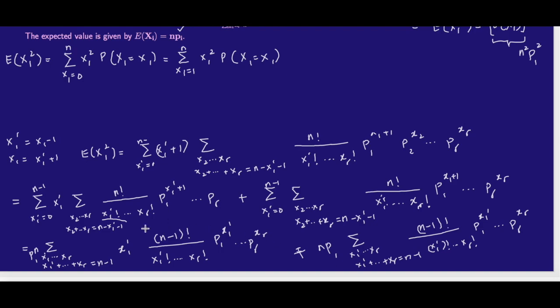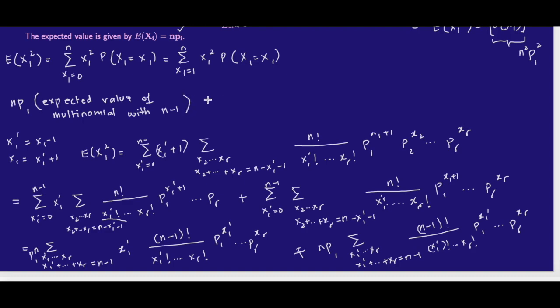Now, the first summation is what? The first summation is n times p1 times the expected value of a multinomial with n replaced by n minus 1, with parameter n minus 1.